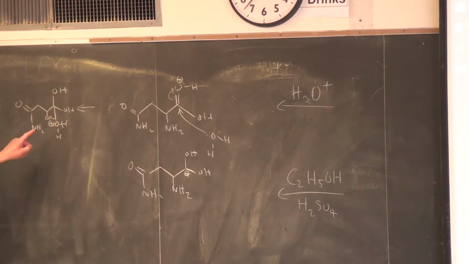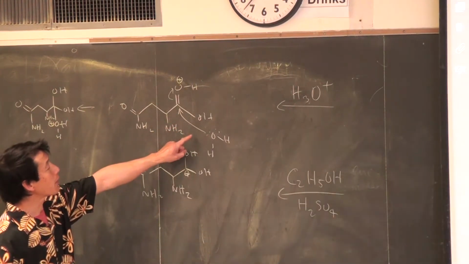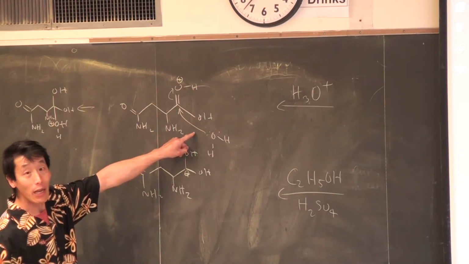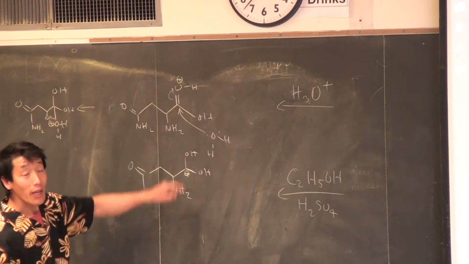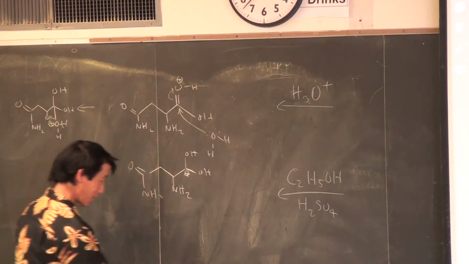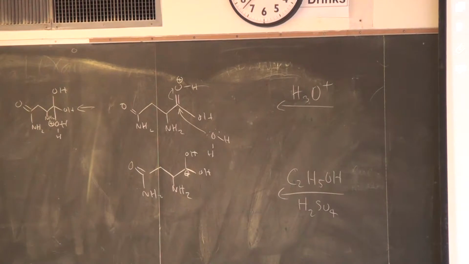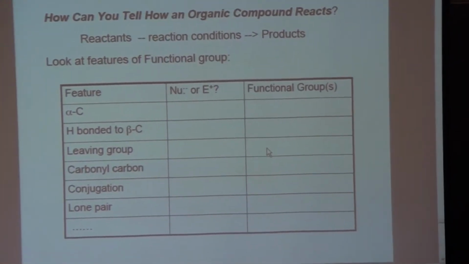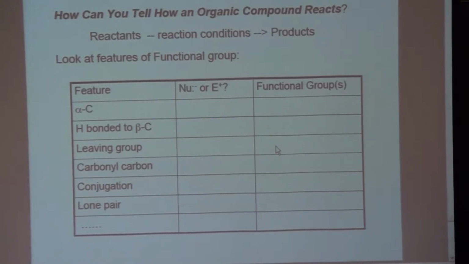Yeah, so once you get this, now note what kind of reaction is this anyway? We have the water, a nucleophile, reacting at the carbonyl carbon, and this reaction type is nucleophilic acyl substitution. Remember from that previous slide, we talked about leaving groups. So what functional group contains leaving groups?